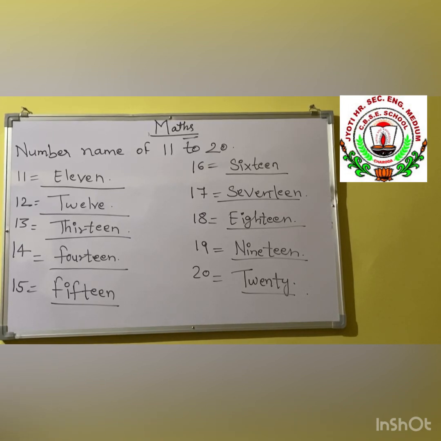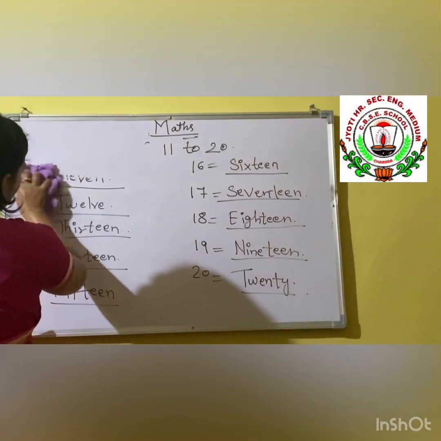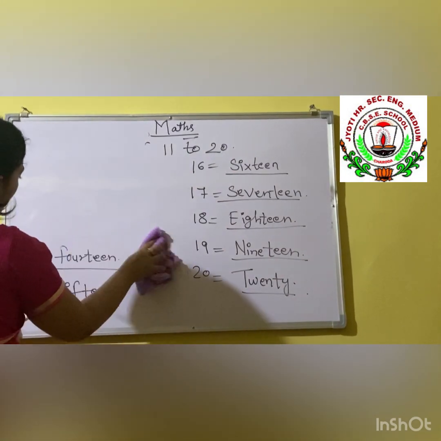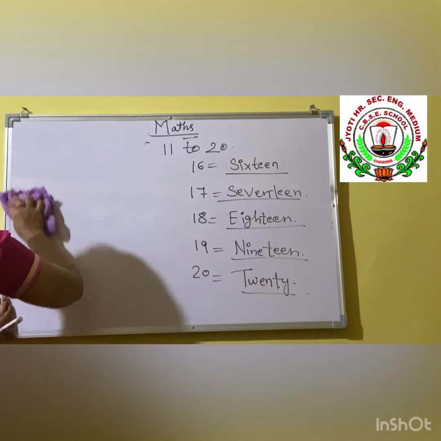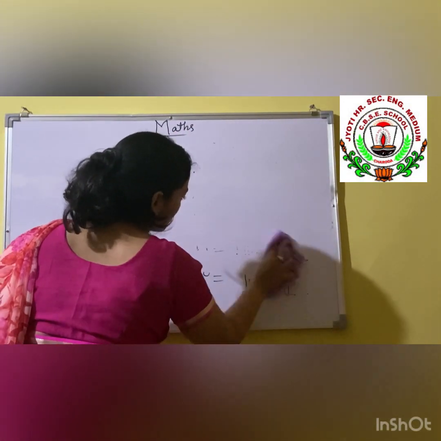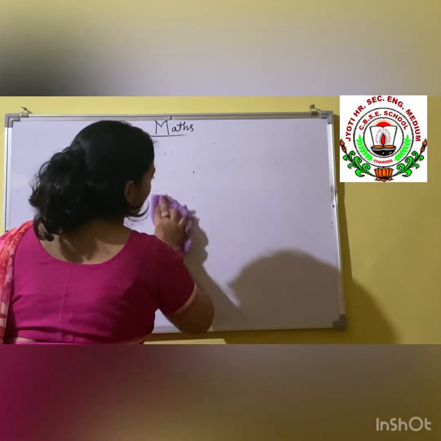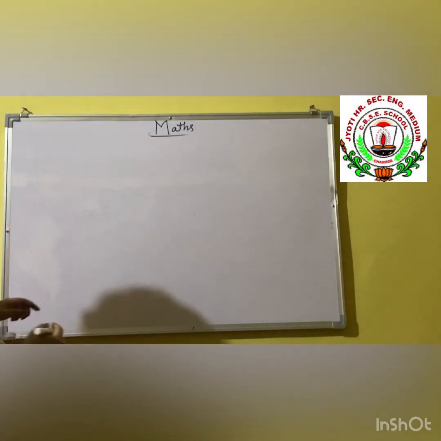Okay. Next, we are going to start our exercise. Take out page number 60.